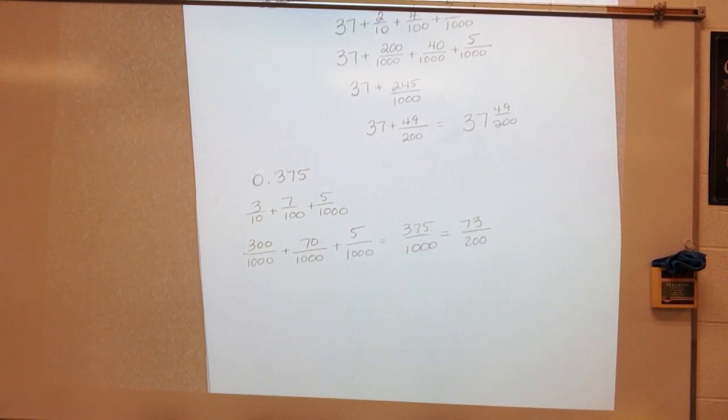Let's see here. No, I don't think I can. I think that's about as much as I can reduce it. All right, so we'll reduce it to this. 75 over 200.